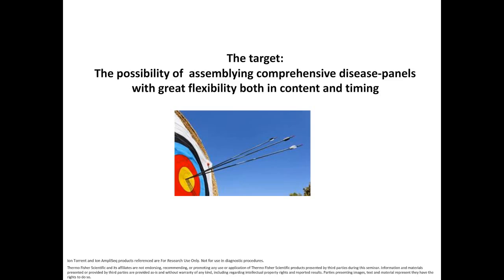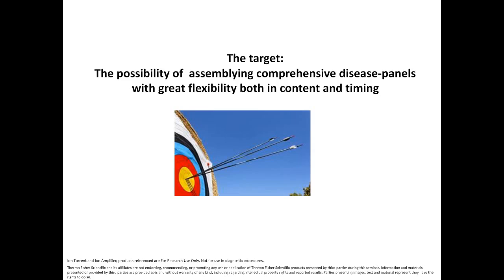So I guess for these two problems, for a problem of depth of coverage in these two conditions, there isn't any other option than going with panels that can give us an extremely high coverage and an extremely extensive coverage of the sequences we want to analyze.